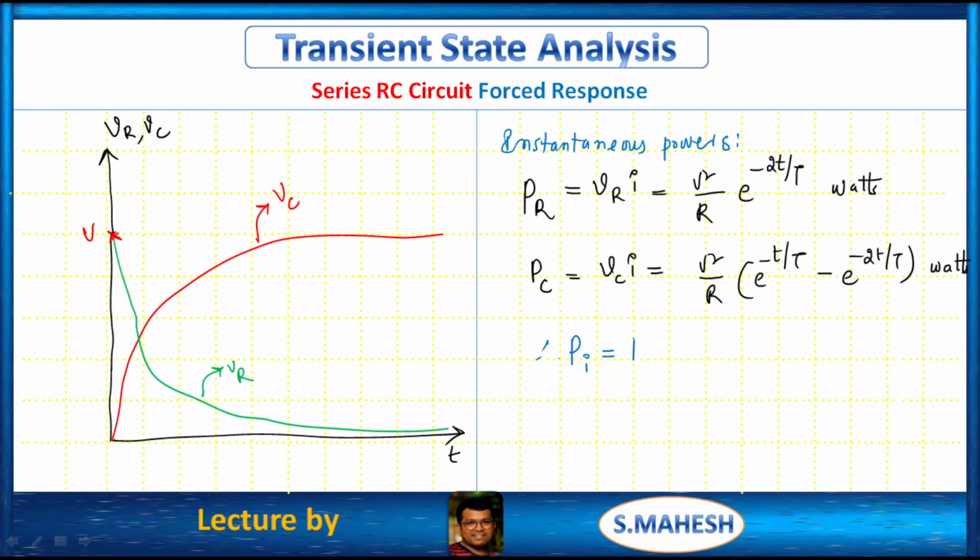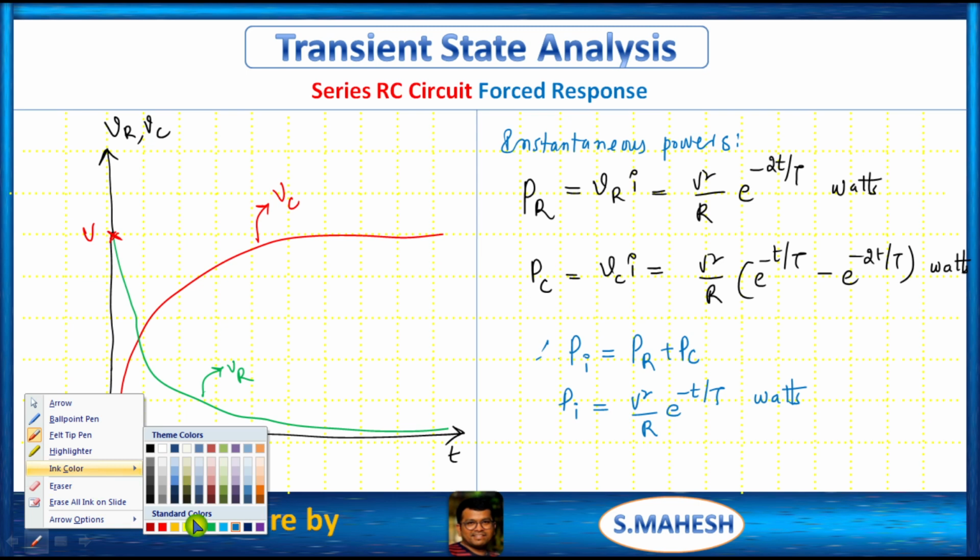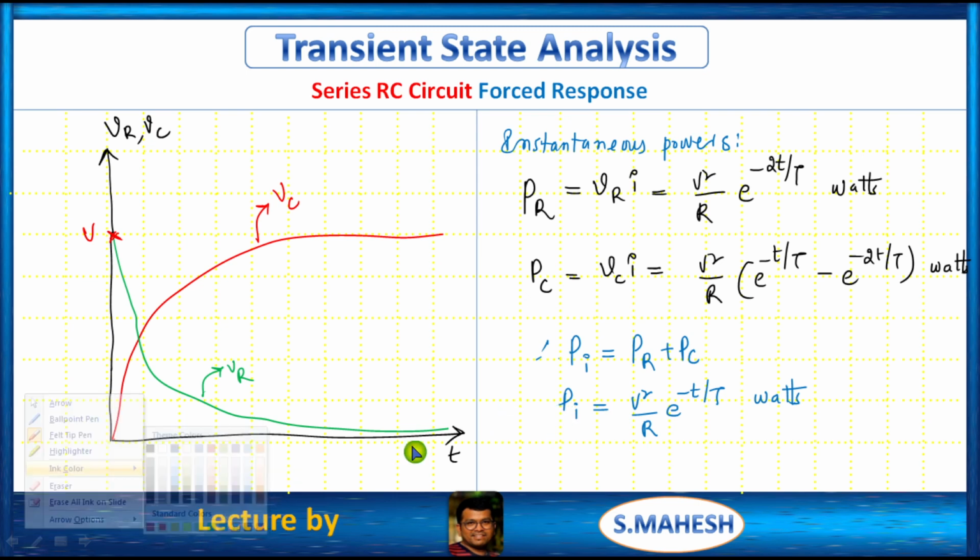Therefore, Pi is equal to PR plus PC. From this, Pi is equal to V square by R into e power minus t by tau watts. That's it. This is about the instantaneous power in case of the series RC circuit.